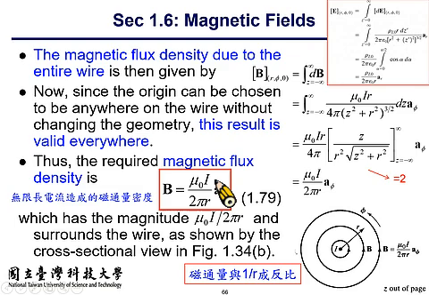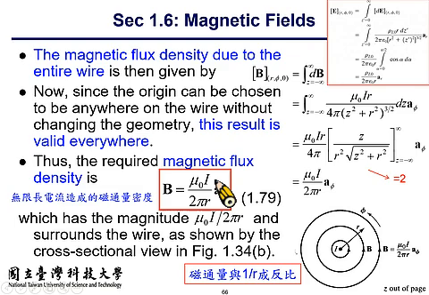So in the formulation of B, you see the influence of geometry, R. You see the influence of the source intensity, I. You see the influence of the material of the surrounding area, mu sub 0. Okay?